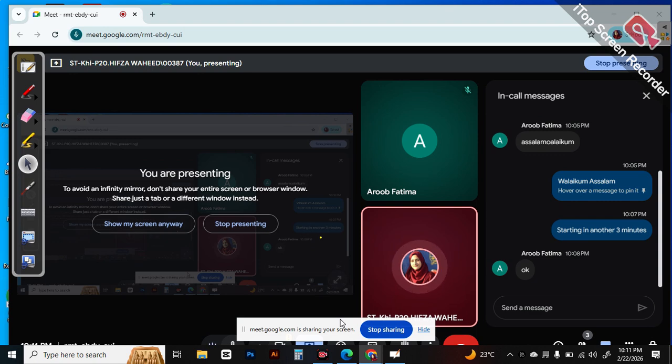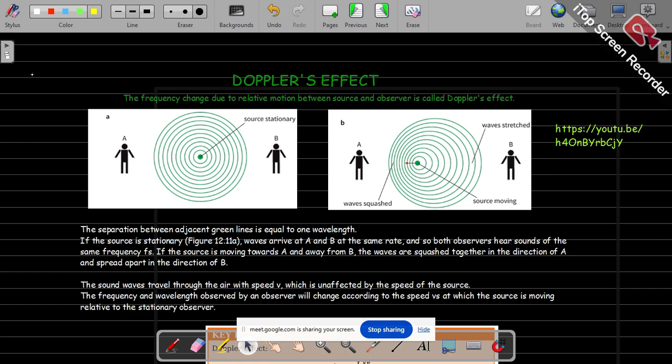Chalein ji, assalamu alaikum. Roop bete, please let me know if I'm presenting the screen. If this open board is visible to you.